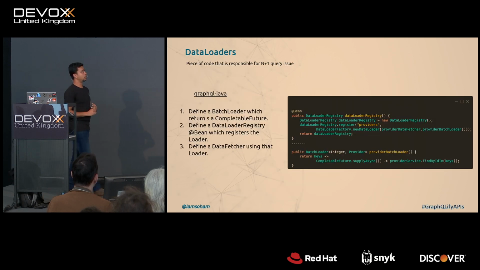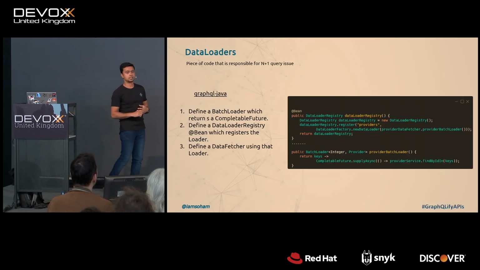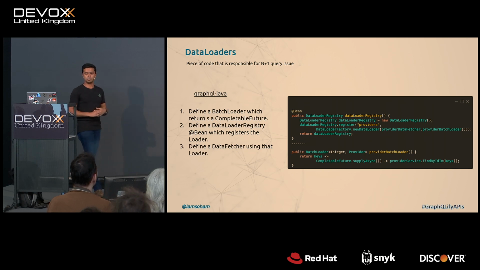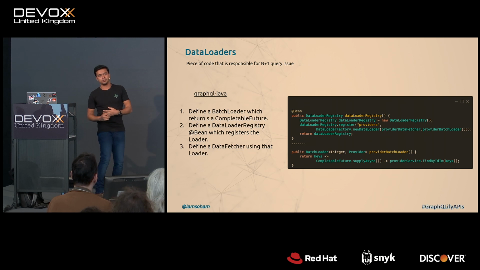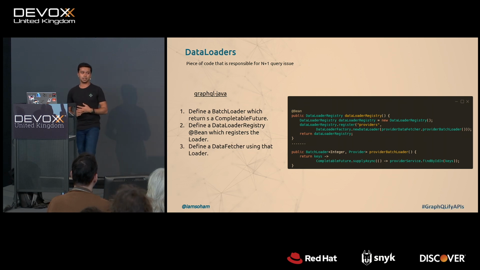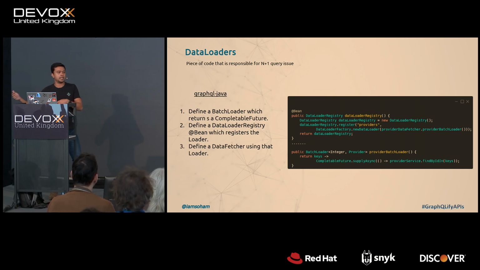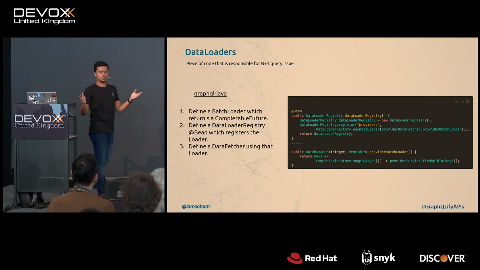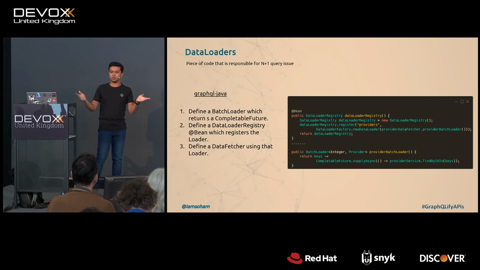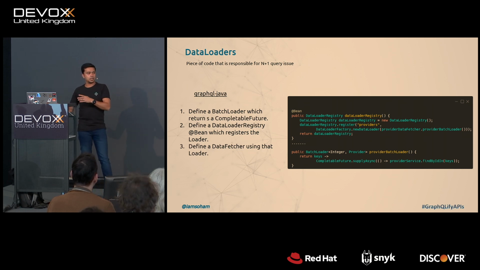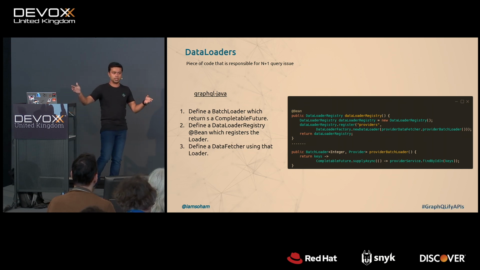To solve that, GraphQL has data loaders. There are two types of data loaders in every framework. One is a batch, one is a map. What it does is create a completable future, and it will fire all the queries for the providers that it needs to retrieve at the end of retrieving all the services. So rather than n+1, it will do two queries, 1+1: one for all the services and one for getting all the providers.